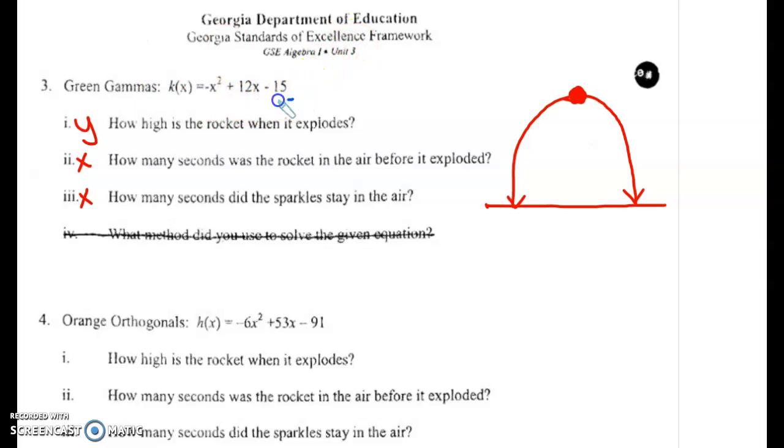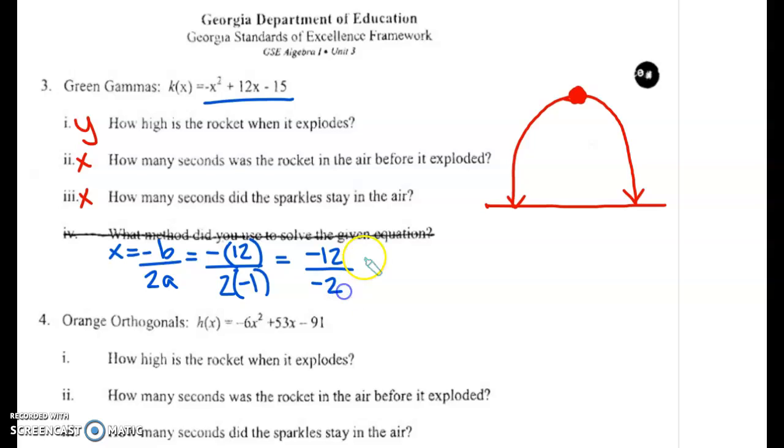All right, so I look at my form. It is in standard form, so I need to use x equals negative b over 2a in order to find the x value. So negative b, where b is a positive 12, and a is a negative 1. So at the top I got negative 12, and the bottom I have negative 2.